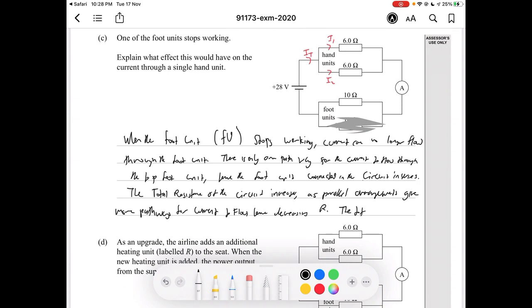Alright, so you can say the total resistance has increased.